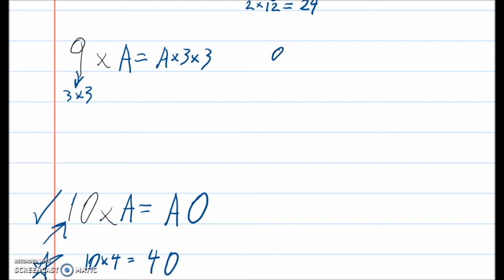But the way I remember is 9 times A is equal to a two-digit number, right? Whatever the digits are, all digits must add up to 9. So this number and this number add to 9.